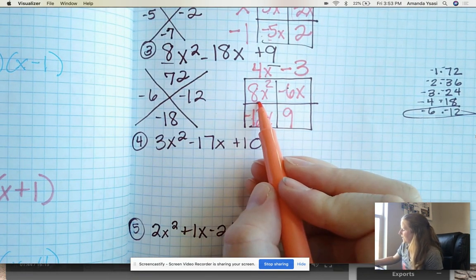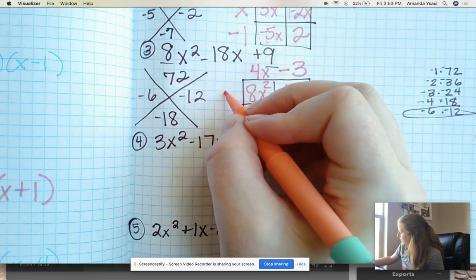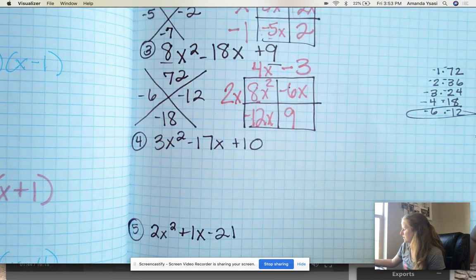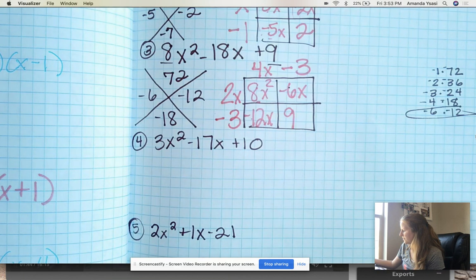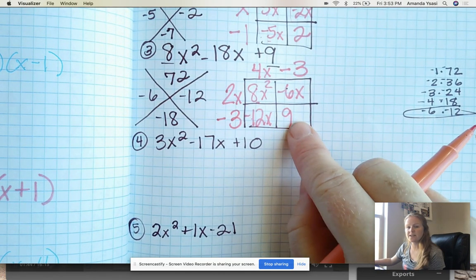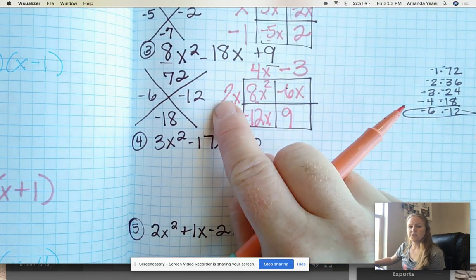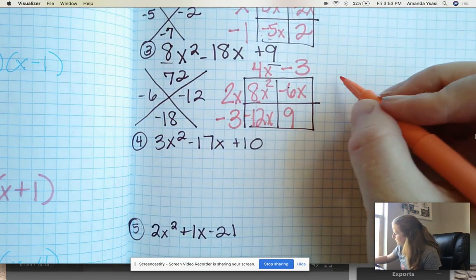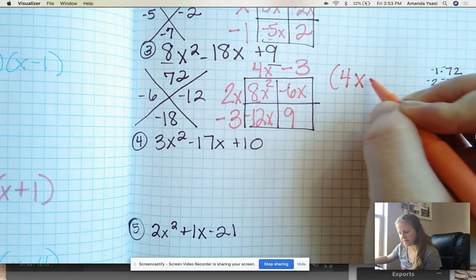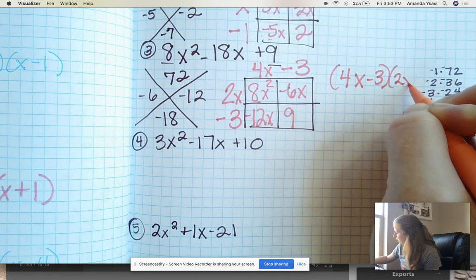And then 8x squared and negative 6x, that'll be 2x. Negative 12x and 9 would be negative 3. Negative 3 times negative 3 gives 9, so that works. 2x times 4x gives us 8x squared. Okay, so our factors are 4x minus 3 and 2x minus 3.